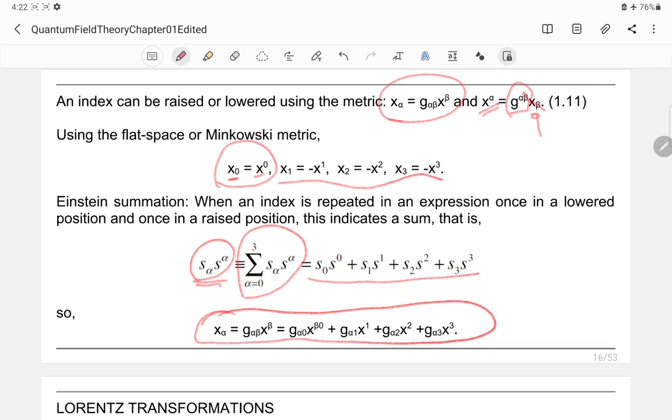So you have here a beta appearing once in the lower part and once in the upper part. That means you have to sum. So this is just that. Be careful with that. It's a sum. Always a sum when you see that in quantum field theory books.